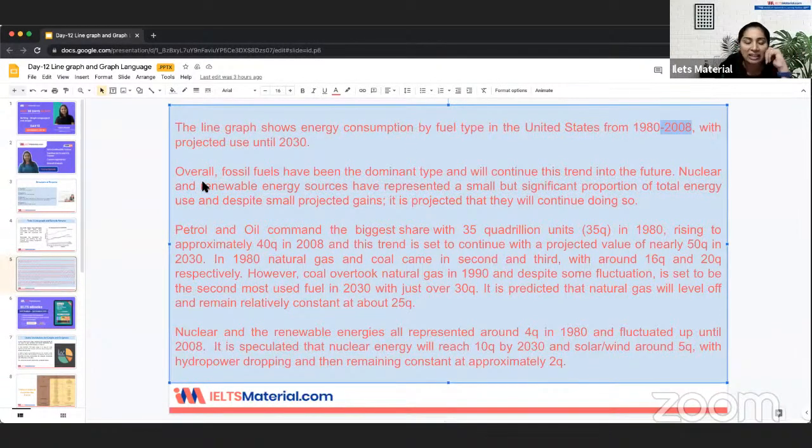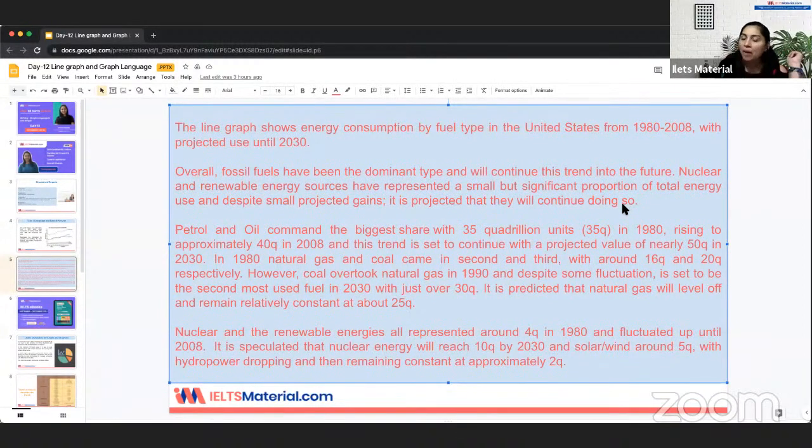Next is, let's take the overall statement. Overall statement says fossil fuels have been the dominant type and will continue this trend in the future. Nuclear and renewable energy sources have represented a small but significant proportion of total energy use, and despite small projected gains, it is projected that they will continue doing so.